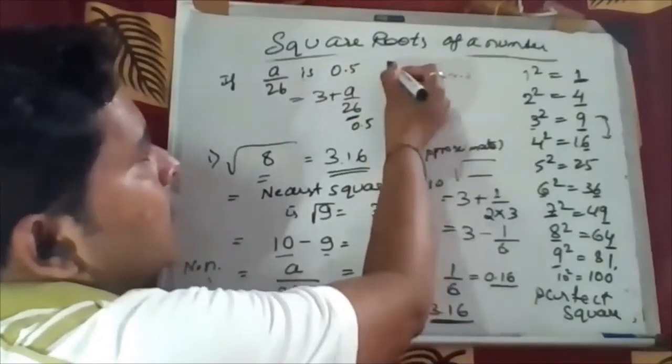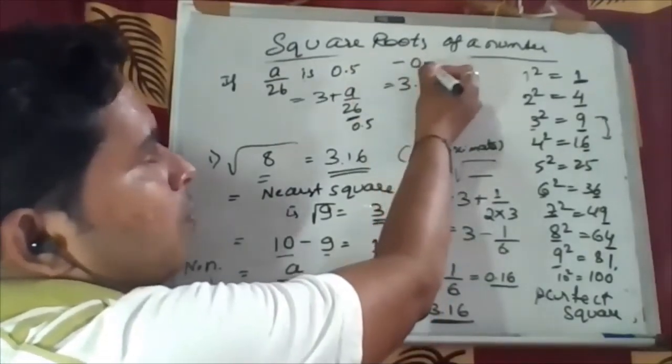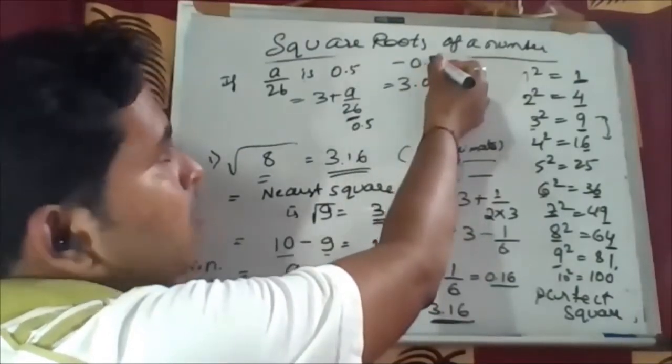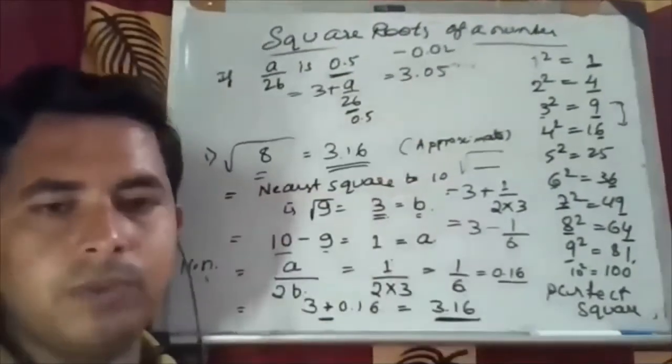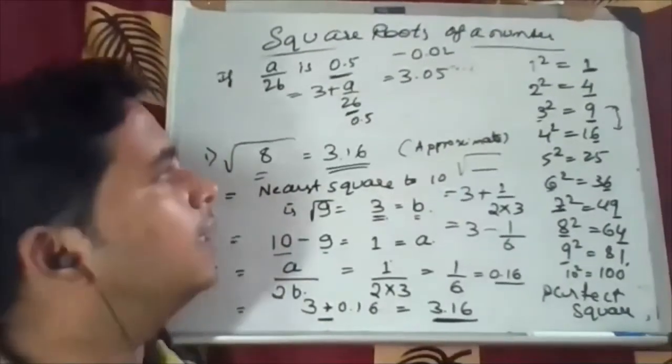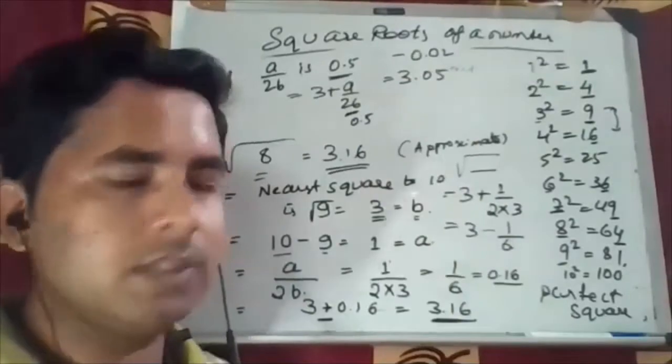In that you have to subtract 0.02. If you are getting A by 2B value as 0.5, then subtract 0.02 in that.